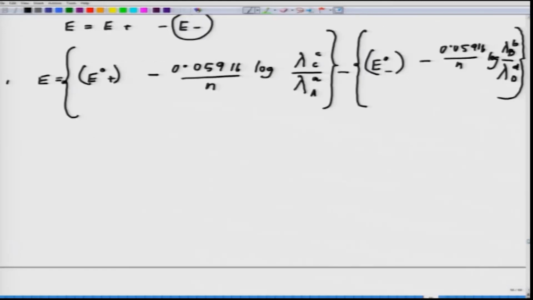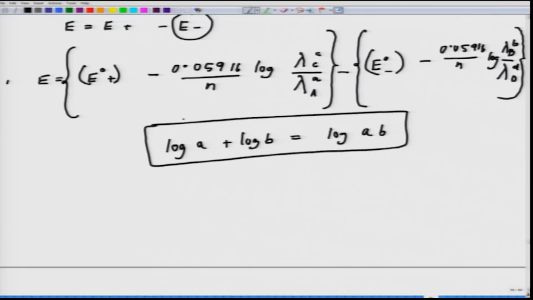Now, we know that log A plus log B is equal to log AB. This relation we are aware of. If you know this relation, so essentially this term and this term are basically very similar to this.